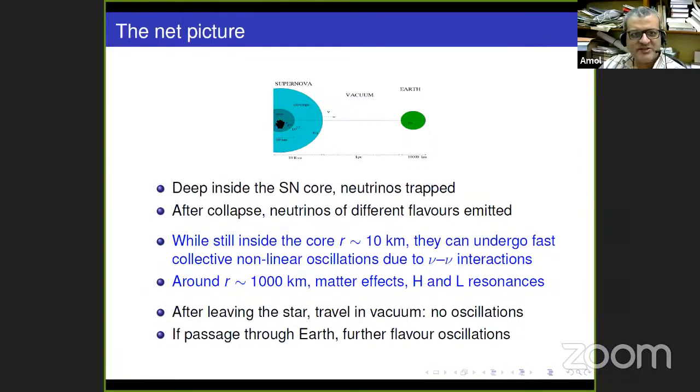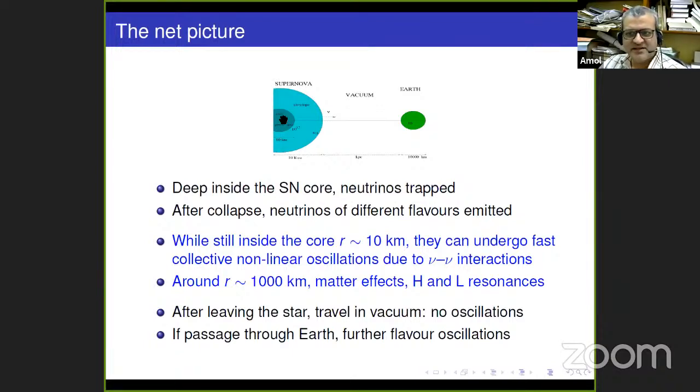While they are still inside this core, within a radius of even less than 10 kilometers from the center of the star, they can undergo what are called fast collective oscillations, which, as we saw yesterday, are nonlinear oscillations, and they happen because at such large densities, the neutrinos interact with themselves, and that interaction is quite strong. This is a very major part, and what it does is it allows neutrinos to oscillate even when they are deep inside the core.